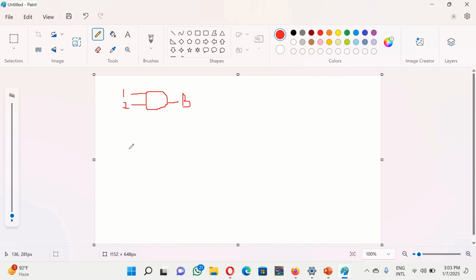So we have 1 here, 1 here, then 2 here, then we have our B here. So this is the AND gate. Then we have these lines here.